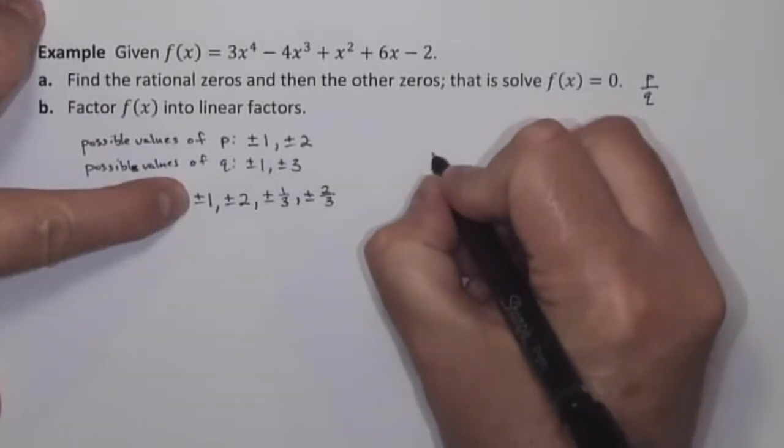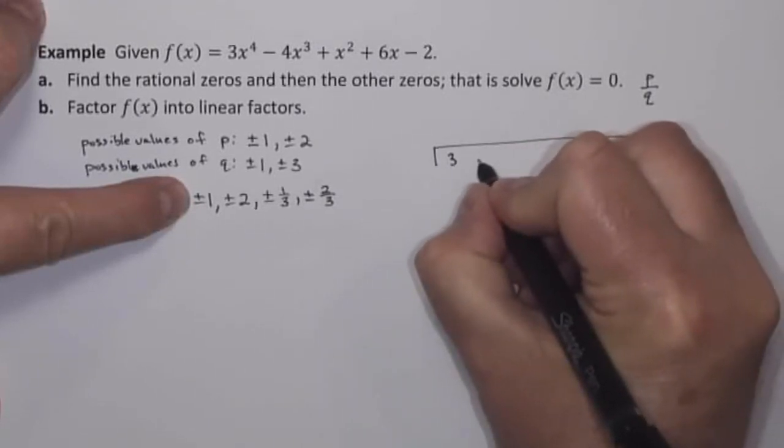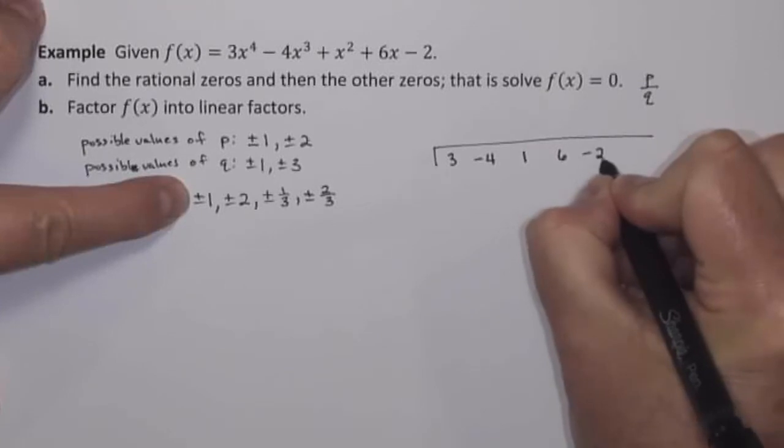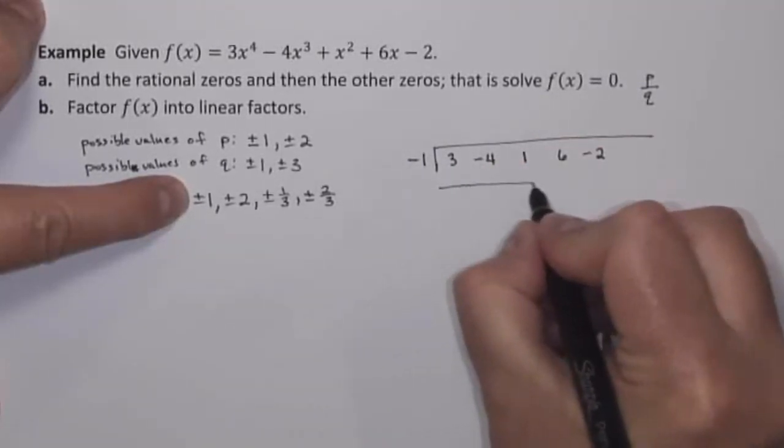Okay? So I'm going to use synthetic division. I'm going to write down my coefficients, 3, -4, 1, 6, and -2, and I'm going to check to see is -1 a 0.